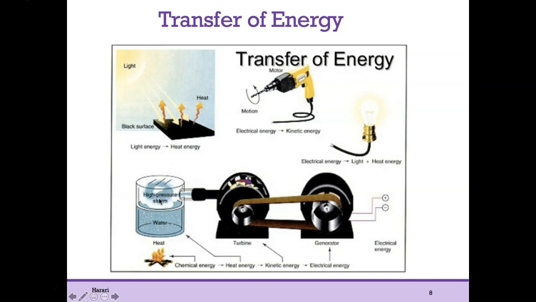So the water molecules will be moving very fast, turning into steam, which is, again, a form of kinetic energy now. And that can cause this turbine to move. So the turbine will spin because the high pressure steam will cause the turbine to continually spin and spin and spin. And if you connect that to a generator, you can convert the kinetic energy of motion into electrical energy.